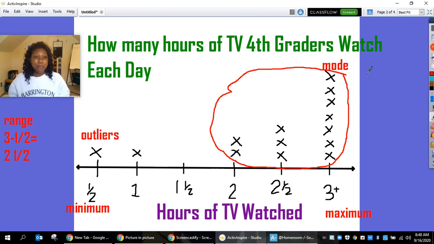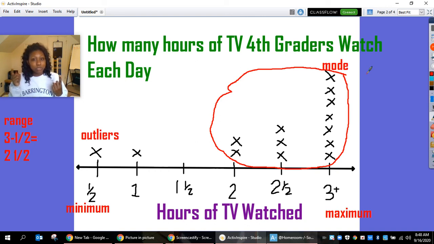So if I wanted to make an educated guess about how many hours of TV a fourth grader is watching every day, I think a reasonable estimation would be to say a fourth grader typically watches between 2 and 3 hours of television every day. That's one statement I could say. I could say the minimum number of hours a fourth grader is watching is about 1/2 hour.